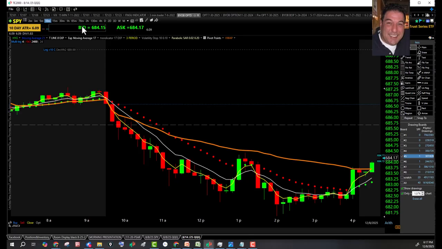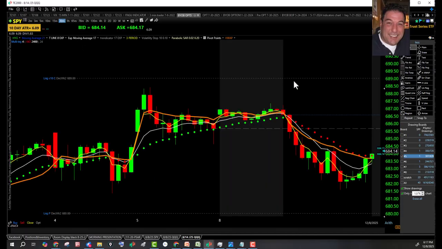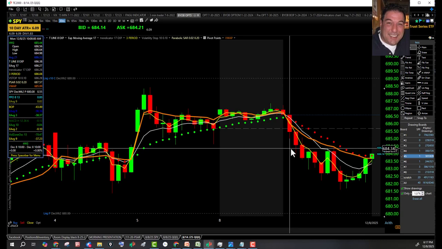Now I'm going to flip to a 30-minute candle. Let's see what that looks like. The market opens at 9:30, and the first candle would take us right up till 10 o'clock. So I put my crosshair on the first 30-minute candle, and lo and behold, VWAP is the same number, 685.99.